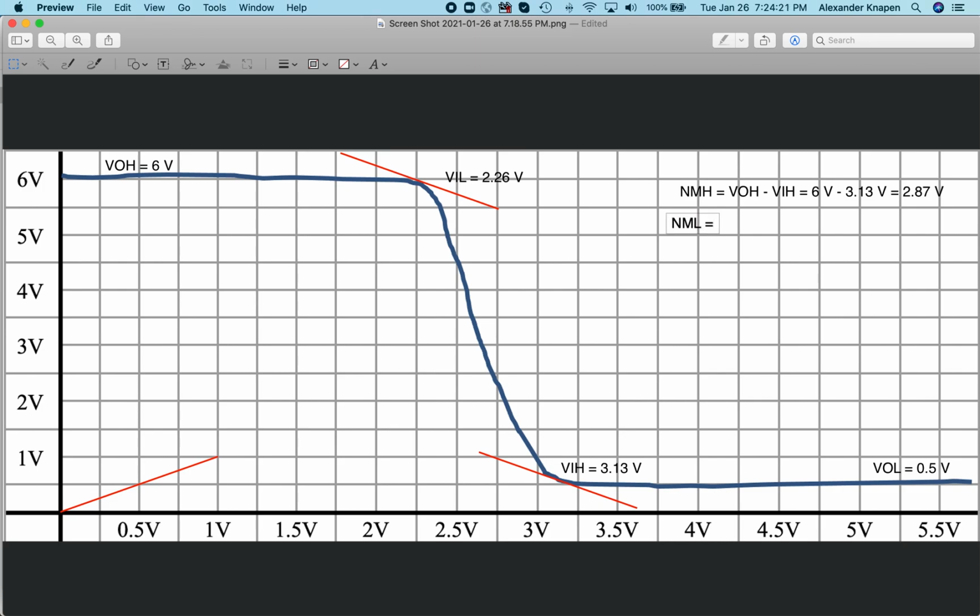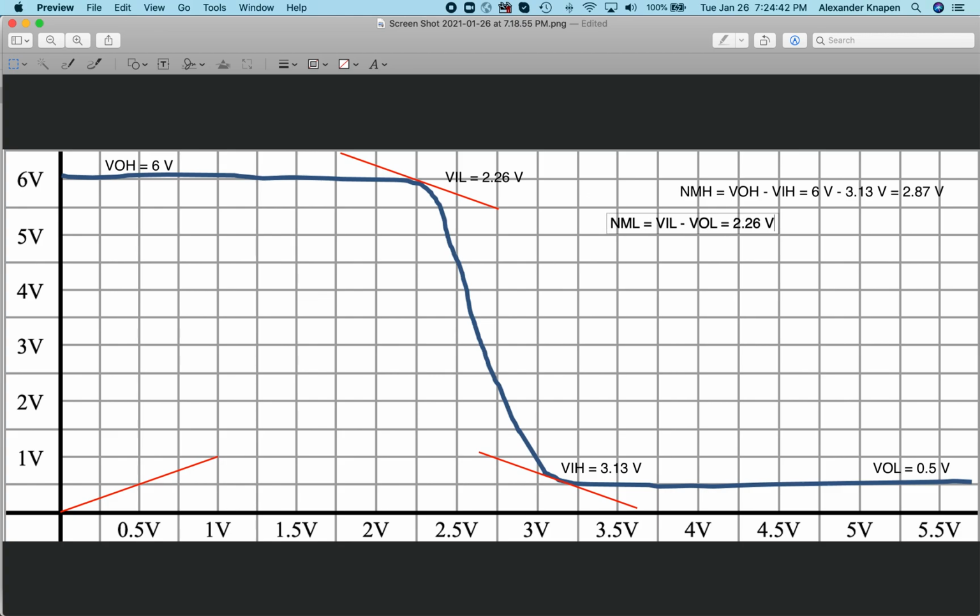Next, we're going to do the highest low voltage that the first circuit can send to the second circuit that will be interpreted as a logic 0, as well as the lowest output voltage that the first circuit can send to the second circuit. The highest low voltage we can say is VIL, and obviously the lowest voltage that it can output is VOL.